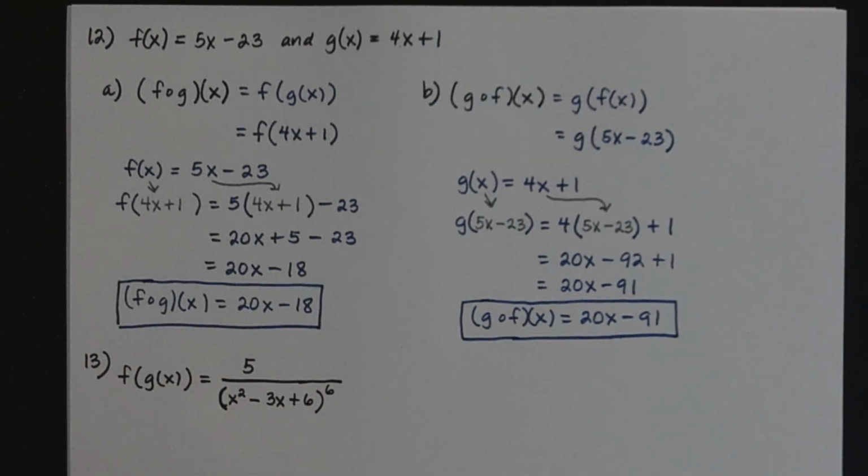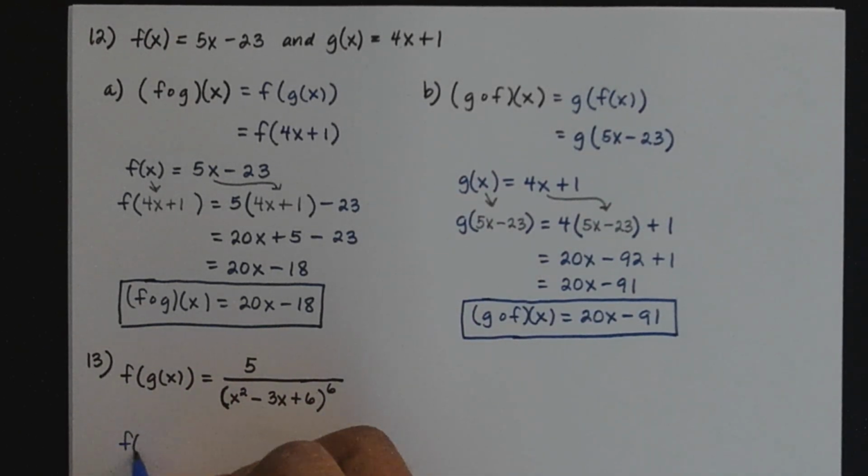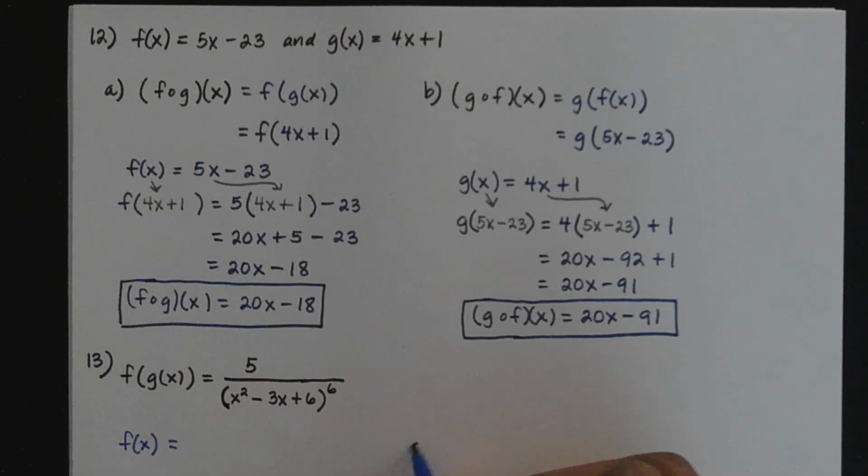And we want to determine the functions f of x and g of x such that we get this. We want to know what f of x started off as and what g of x is.